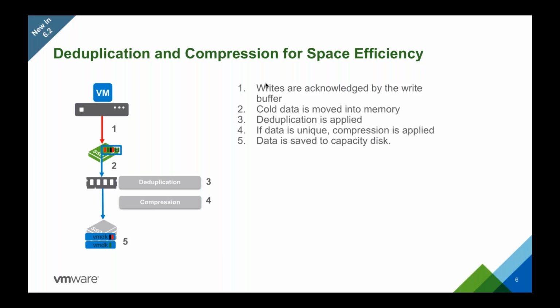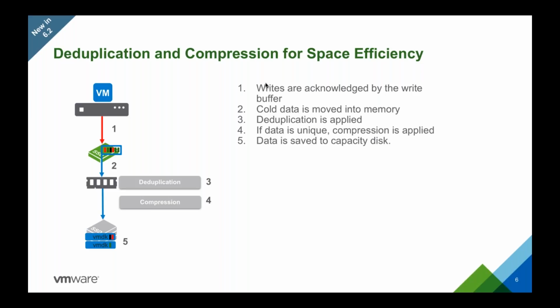You have a high-endurance write buffer flash that has really low latency write performance. And then behind that, we have our lower-cost capacity flash, which is much cheaper, but is not going to deliver very consistent write performance. So that initial write buffer, which is typically about 10%, is going to acknowledge that write fully hydrated, nothing in that I/O path, and then at that point, the virtual machine is done with its write, it continues with its day.